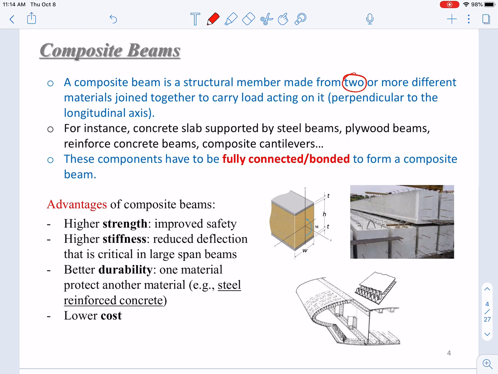Here, steel reinforced concrete serves as a perfect example to explain this. You may not know that concrete is a brittle material. It's a brittle material which is easy to crack. So normally when we design a concrete structure, we use steel to reinforce the concrete. Steel is ductile, concrete is brittle.